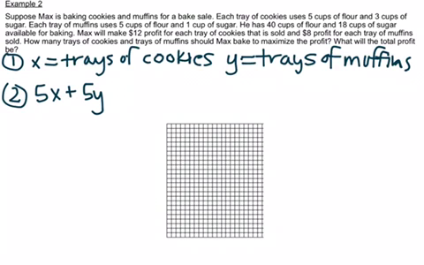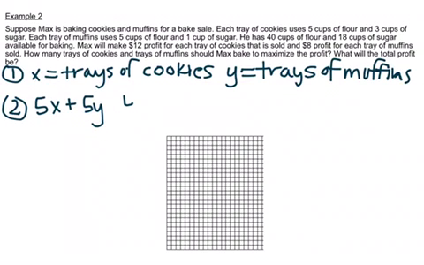Now he only has 40 cups of flour. That's all he's got. He doesn't have any more flour. So the 5x plus 5y has to be less than or equal to 40.